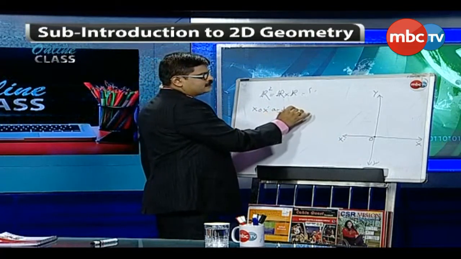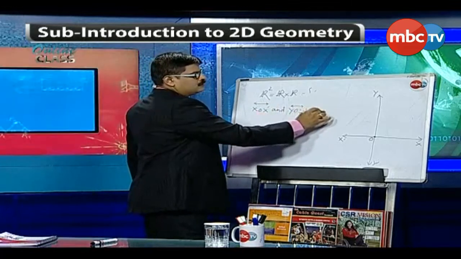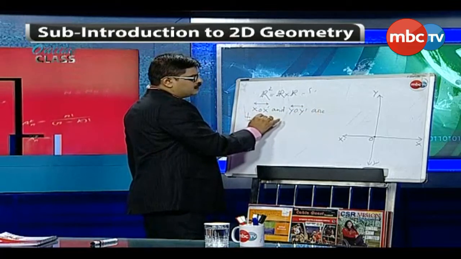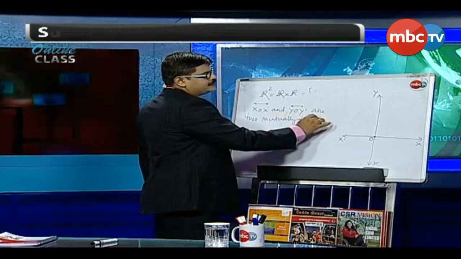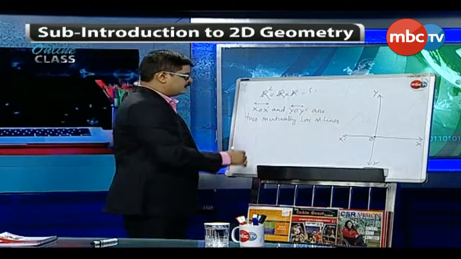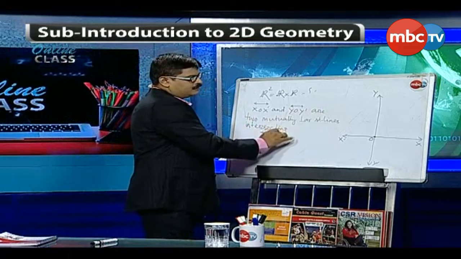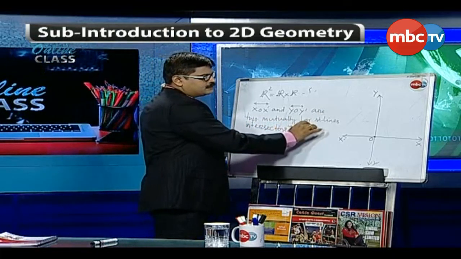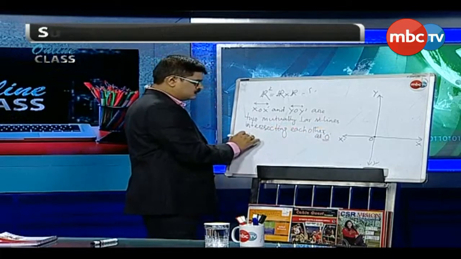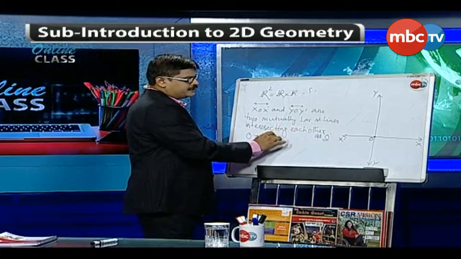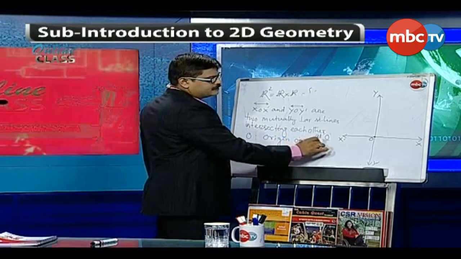So x o x dash and y o y dash are two mutually perpendicular straight lines intersecting each other at O, where O is called the origin or origin of coordinates.